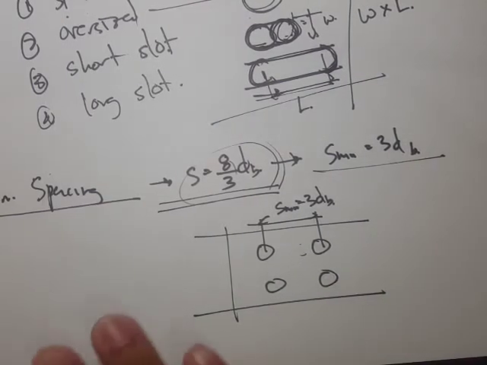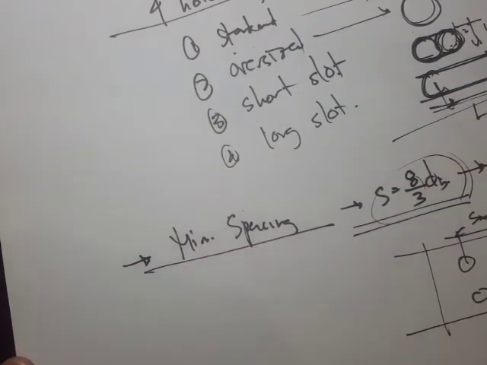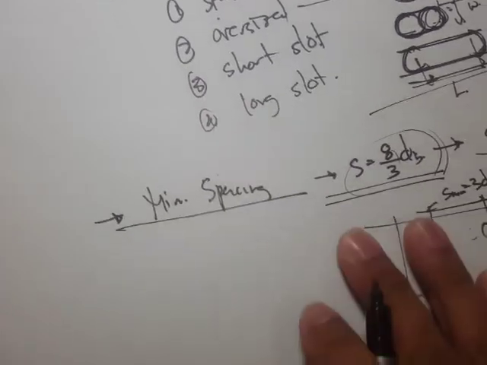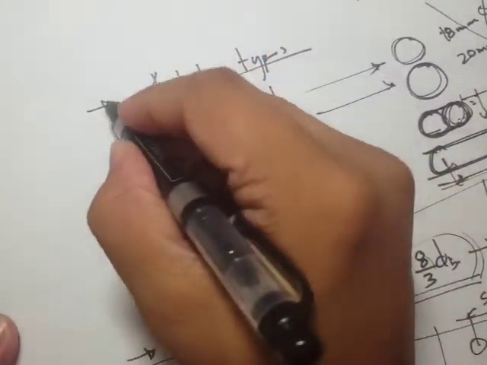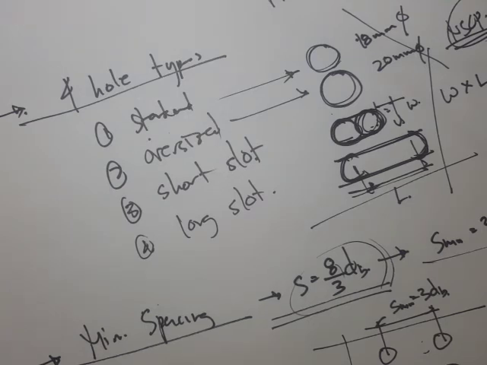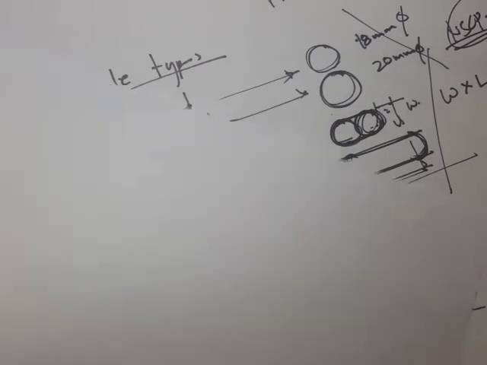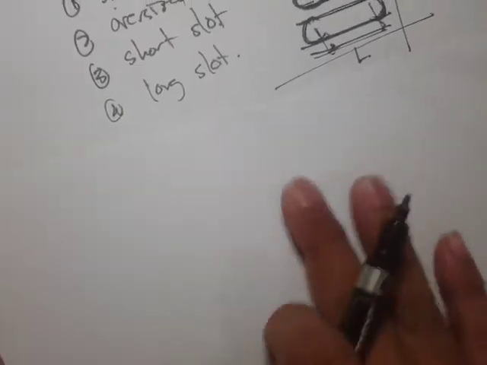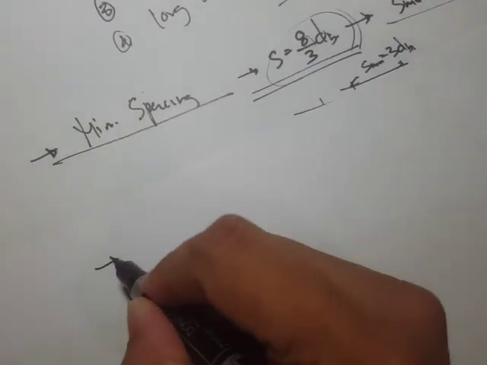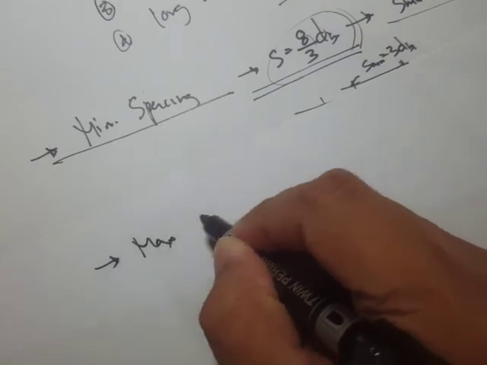Okay, so now let's move on to the minimum and maximum edge distance. Or I guess we should discuss first the max spacing.